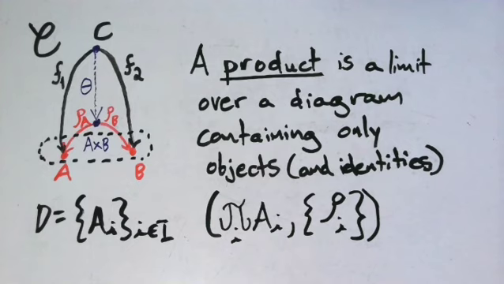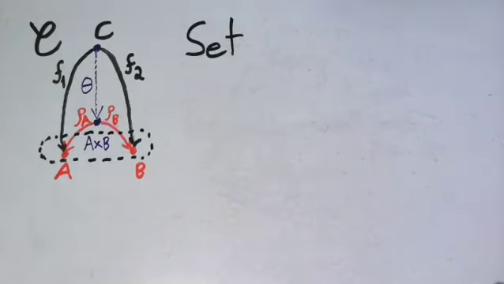So we'll see how this definition lines up exactly with what we would expect: the product of sets in the category of sets is the Cartesian product of the sets, which of course also exists in the category of sets. So let's take the example where everything is a set and every morphism is a set function.